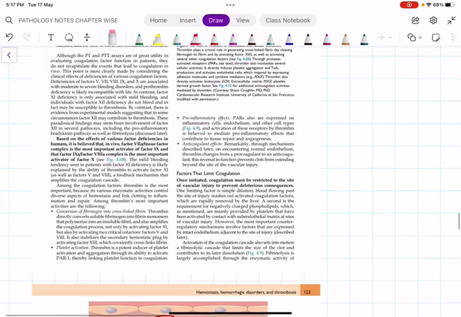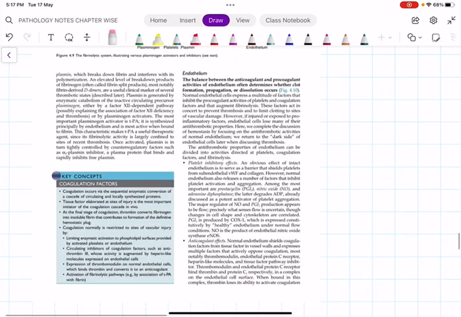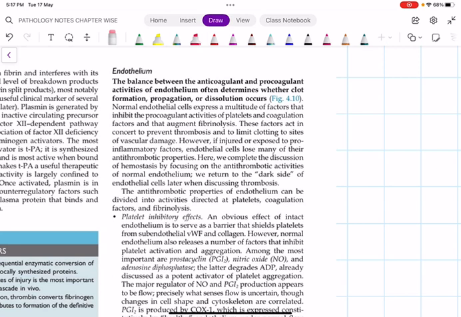Normally, I told you there will be a balance between thrombotic and antithrombotic episodes. The balance between the anticoagulant and the procoagulant activity will determine whether there should be any clot formation or whether this clot will undergo propagation or dissolution. So normal endothelial cells will express a lot of factors.